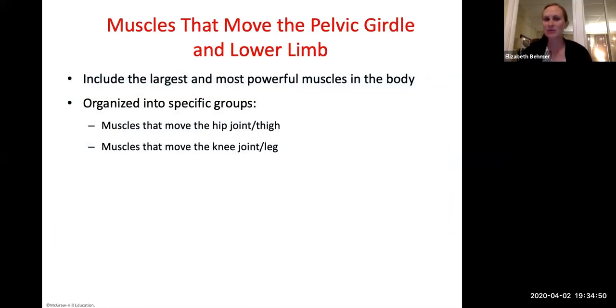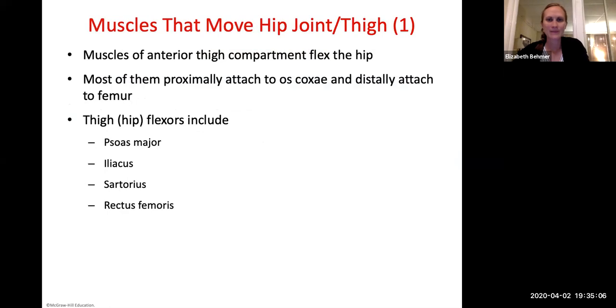Your lower limb includes the largest and most powerful muscles in the body, and they're organized into muscles that move your hip joint and thigh, and muscles that move your knee joint or leg. So these two groups of muscles. Muscles of your anterior thigh compartment will flex the hip.